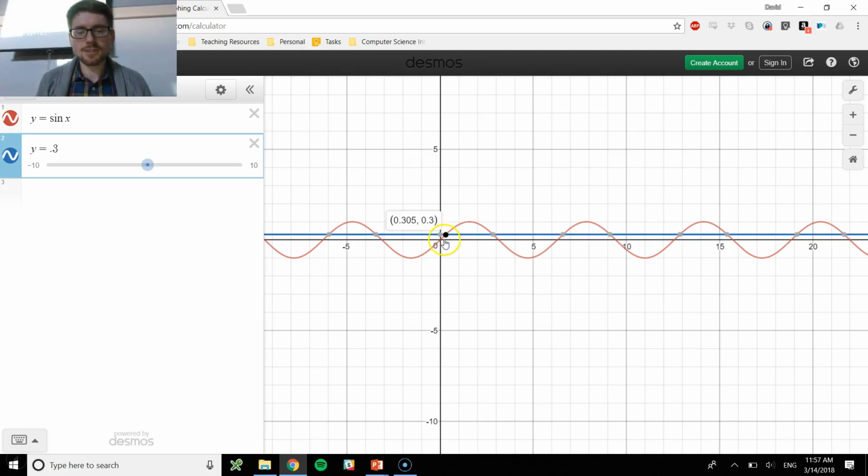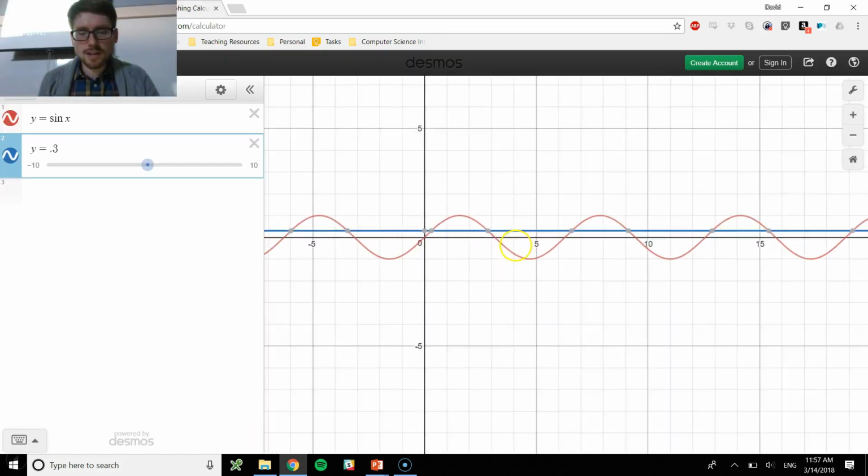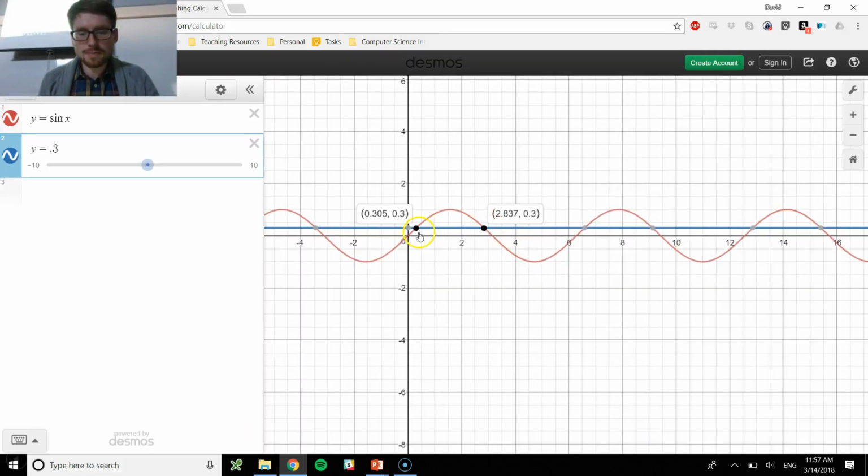To get the other answer, I'm going to take pi and subtract this. So pi minus that answer gives the other angle, which is 2.837. If I look on my graph, 2.837 is right there. So we have 0.305 as the inverse sine answer, and then its supplement, which is right here at 2.837.